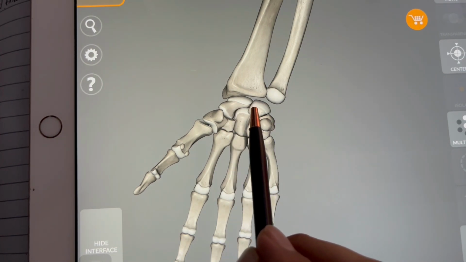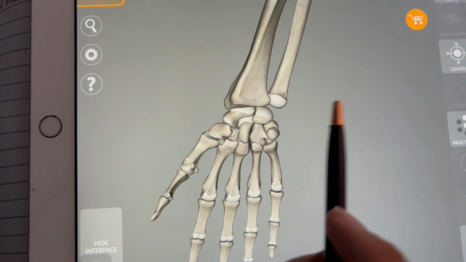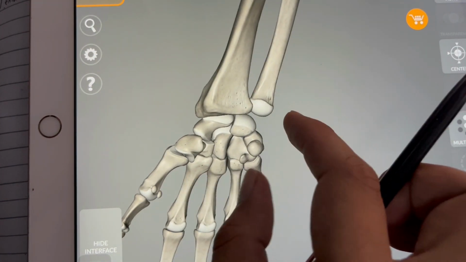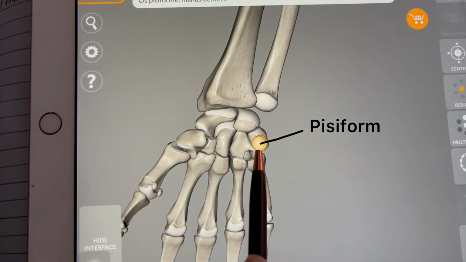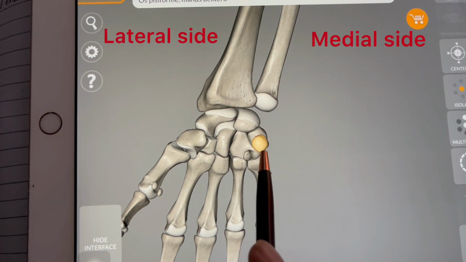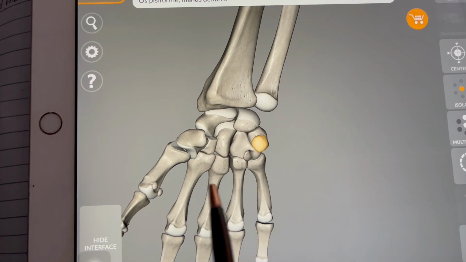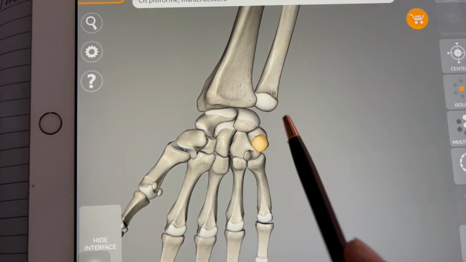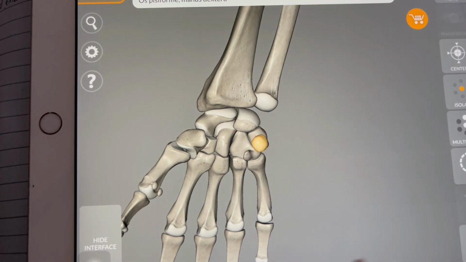Then we have the lunate bone, which is followed by the triquetrum bone, and this small bone here is called the pisiform bone, which is located most medially in the proximal row. So the proximal row is formed by these four bones: scaphoid, lunate, triquetrum and pisiform.